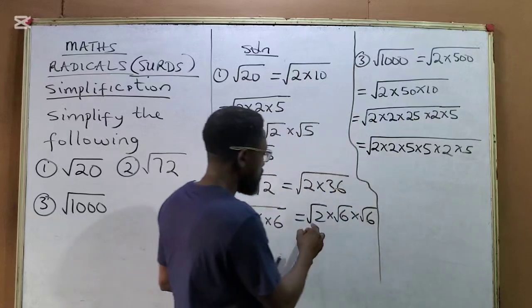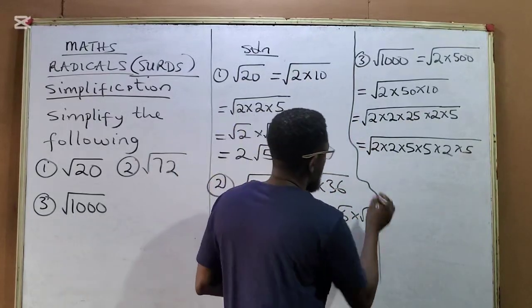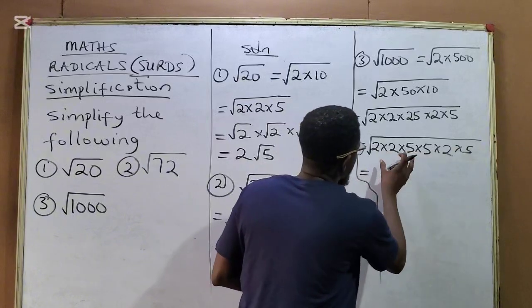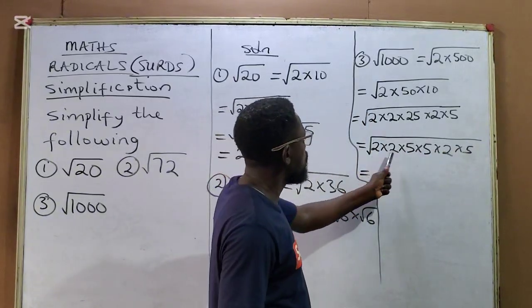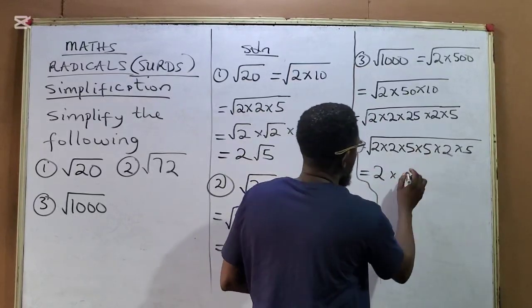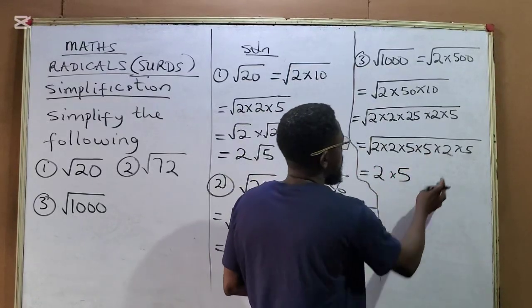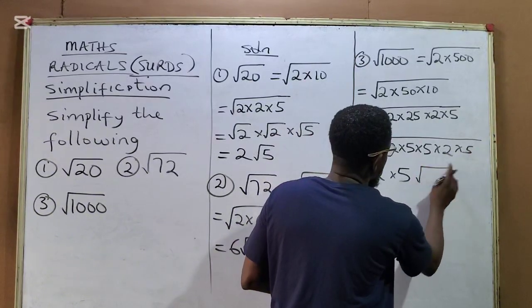You can start to break it down just like we have here. But there is no need because we already know that everything can be broken down into several root symbols. So root 2 times root 2, take 1, 2 here. Root 5 times root 5, take 1 root 5. Now we are left with root 2 and root 5.